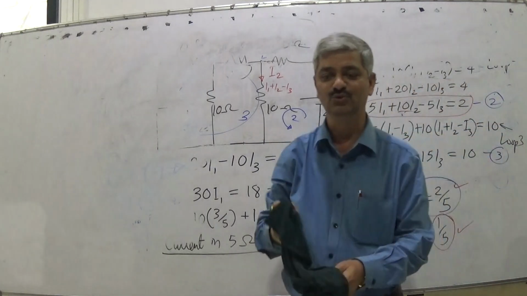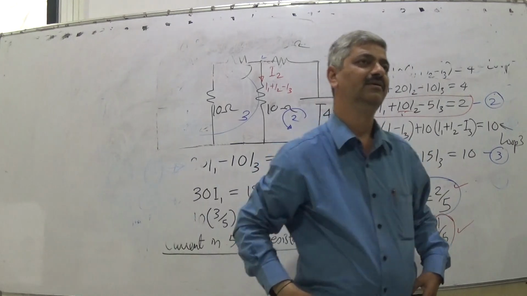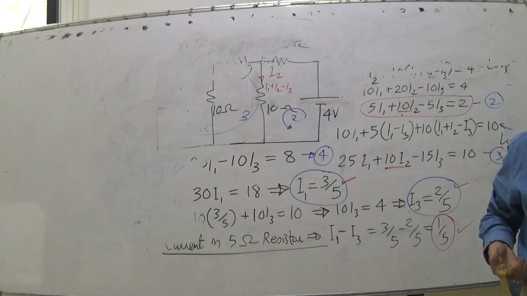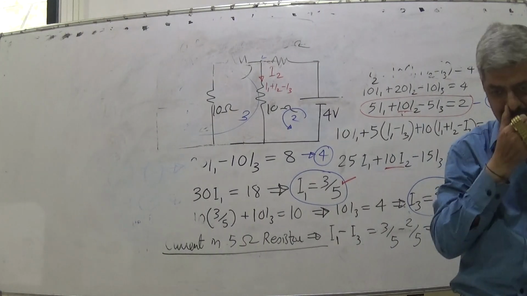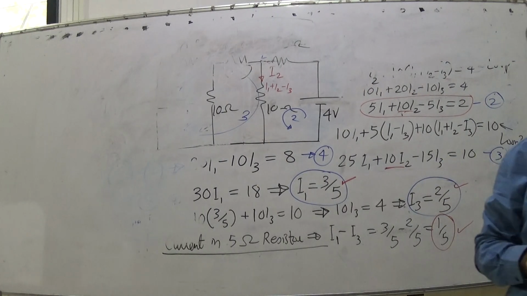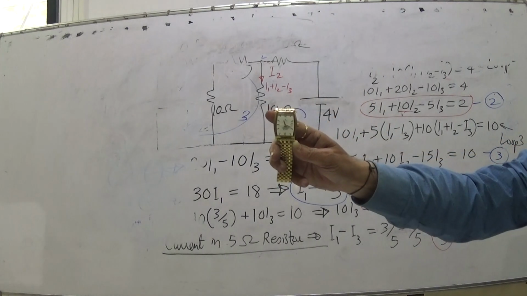Just to give you an example, in your generation it may not be, but somewhat prior to that time digital clocks were not there, so we used to have such conventional clocks.